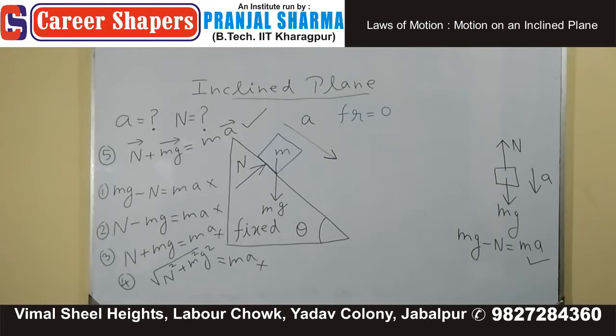The hint is root over a square plus b square plus 2ab cos theta. Vector sum formula. This is the hint.